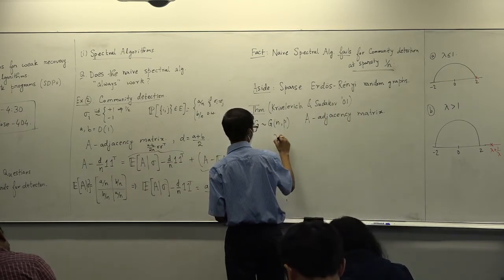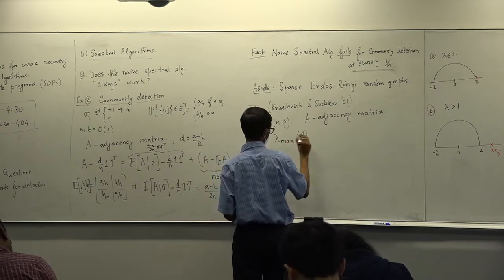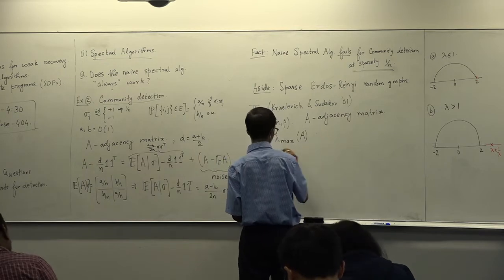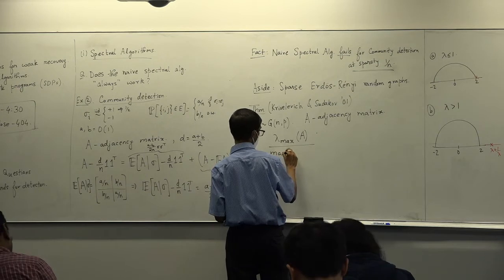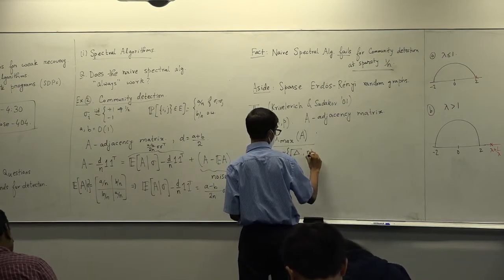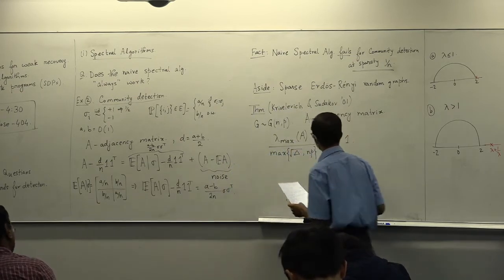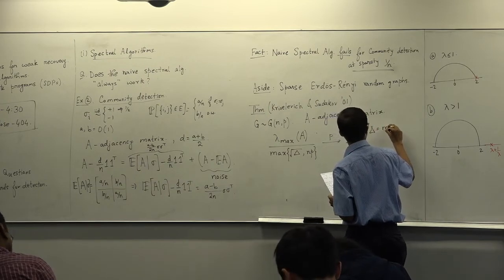Then lambda max of A, the largest eigenvalue, divided by the max of square root delta and np, goes in probability to 1, where delta is the max degree.